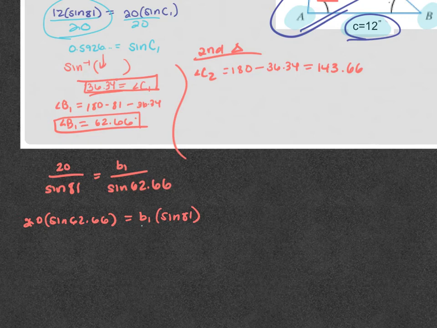Divide both sides by the sine of 81. And I get 20 times the sine of 62.66 divided by the sine of 81. And side B1 is 17.987, so 17.99.